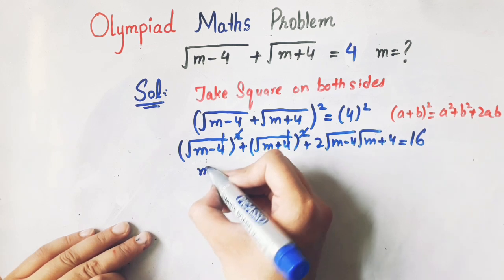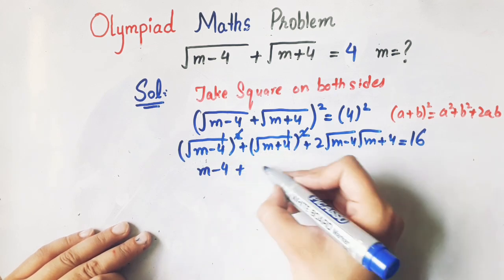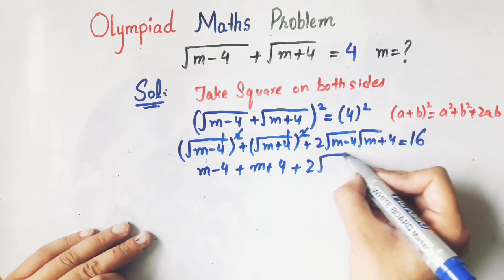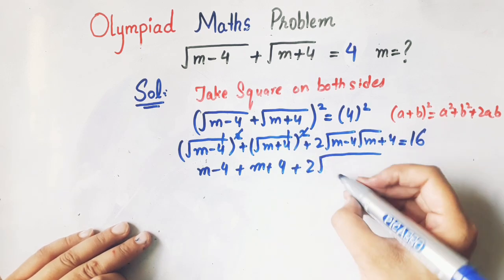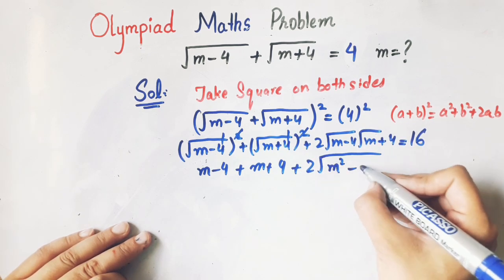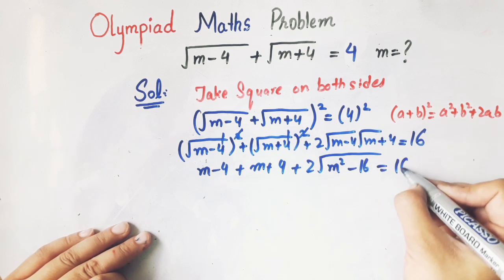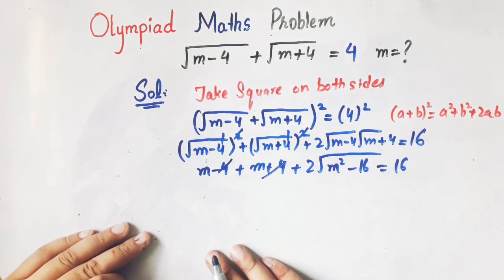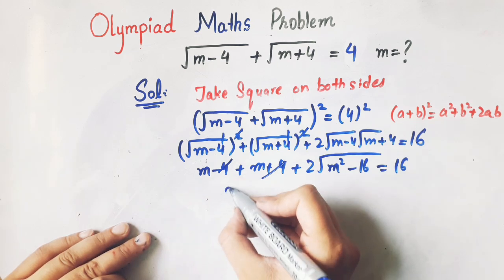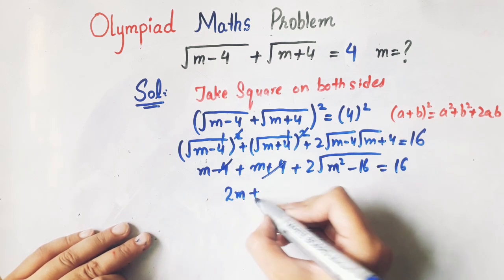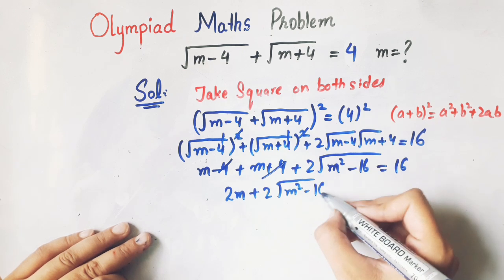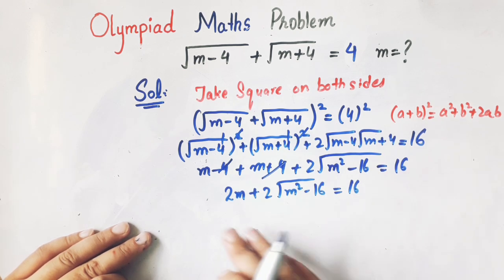We get m minus 4 plus m plus 4 plus 2 root of m minus 4 into m plus 4, which is m square minus 16. That equals 16. Now plus 4 and minus 4 are cancelled out. m plus m is 2m plus 2 root of m square minus 16 equals 16.